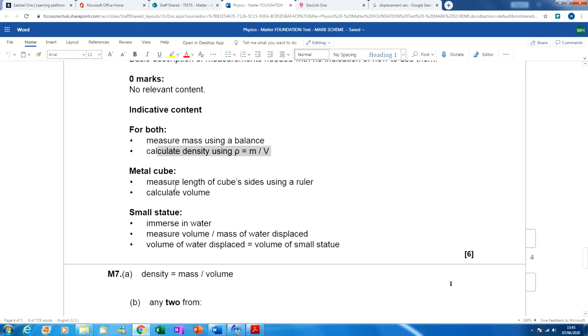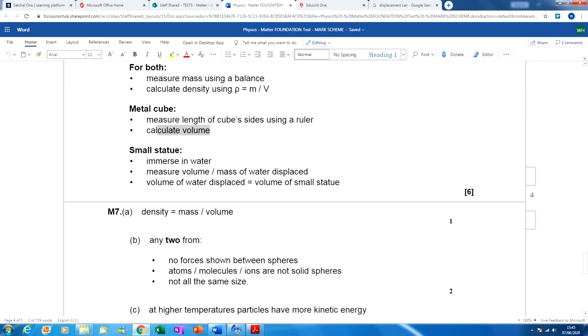For the metal cube, measure the length of the cube size using a ruler and use it to calculate volume. So I got all of that. For the small statue, immerse in water, measure volume, mass of water displaced, volume of water displaced equals the volume of the small statue. So all points that I've raised.